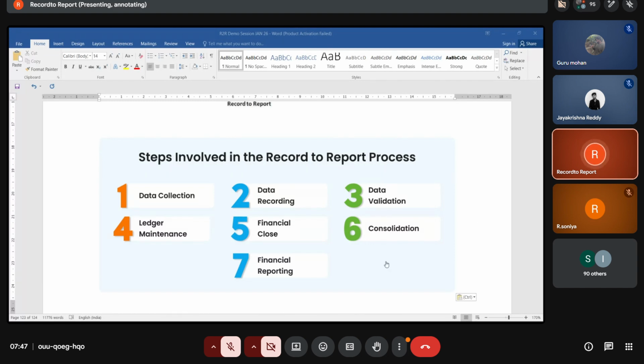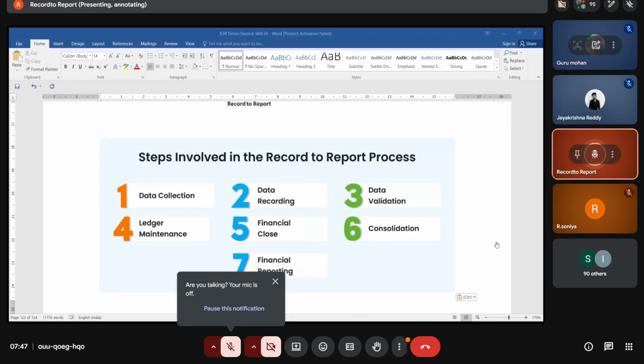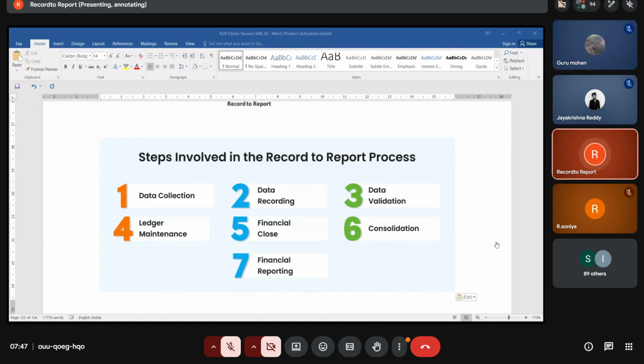So till now we discussed only the data recording process. What is that? Recording of financial adjustments. We discussed accruals, initially accrued expenses and accrued revenue, prepaid expense and deferred revenue, reclassifications, fixed asset capitalization, fixed asset depreciation, fixed asset disposals, and intercompany transfers.